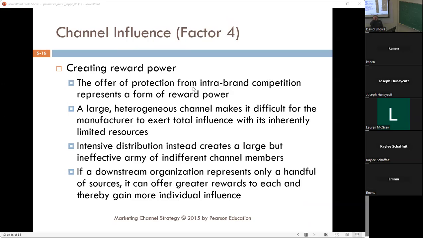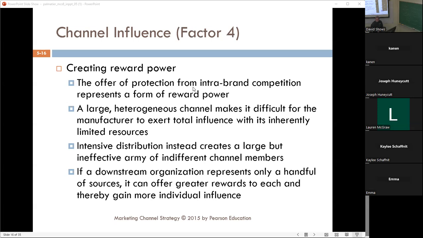Here is one of those things, as I talked about initially when it came to channel intensity decisions: how much power do I want to be able to invoke in my supplier group? And one of the powers that I have is rewards.